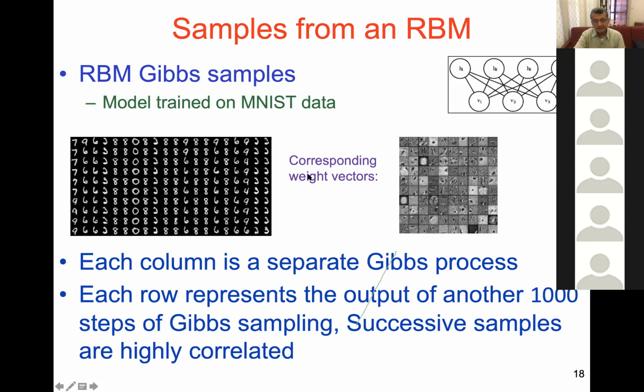The corresponding weight vectors, the W's, are illustrated at each point in the form of an image of what it is learning. Anyway, maybe that's not as intuitive. The main point here is that an RBM could be trained on MNIST digits, and you could start generating samples out of it.